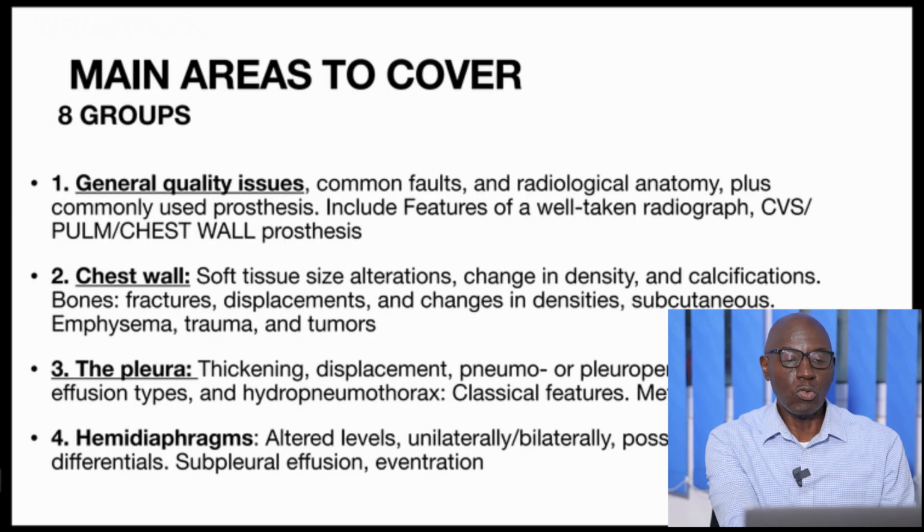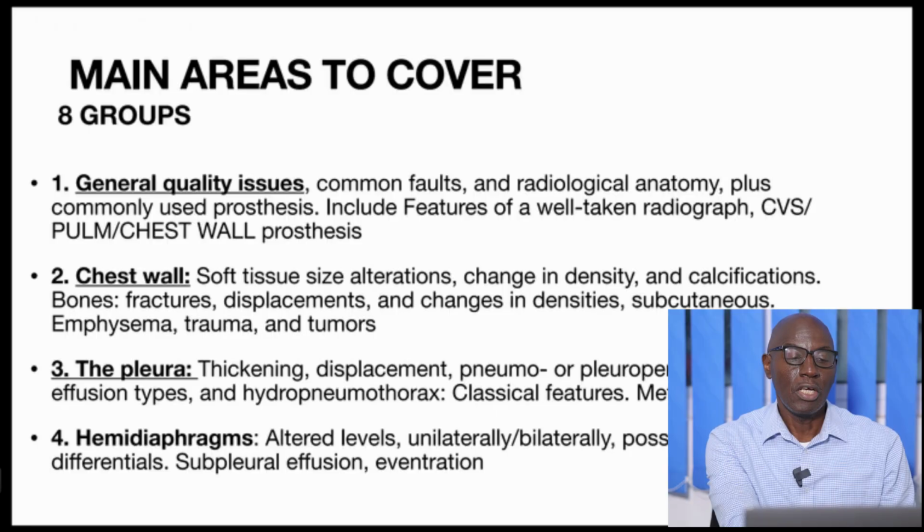Today's session is lengthy, but we shall make it as brief as possible, and it is put under 8 groups. That is the general quality issues and the common faults, the radiology anatomy, plus the common processes.